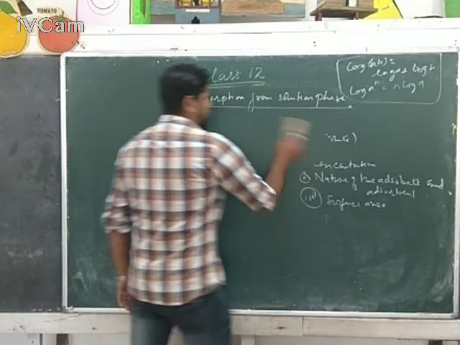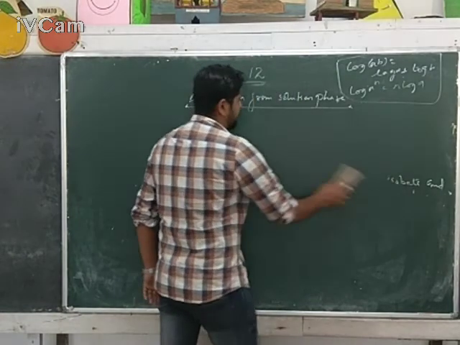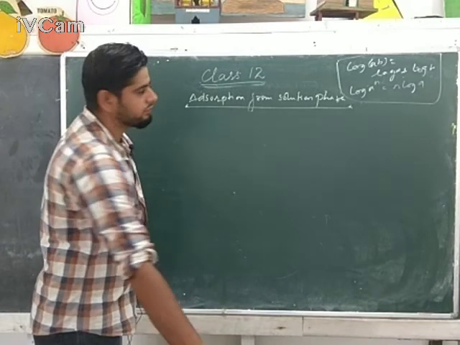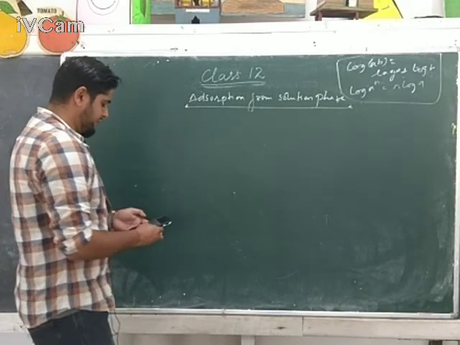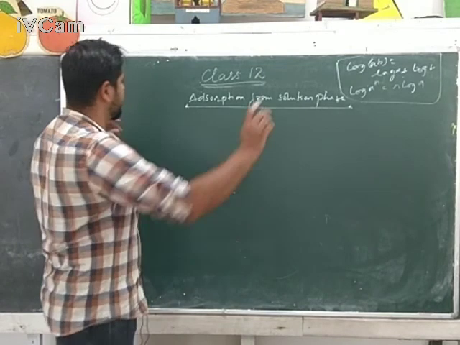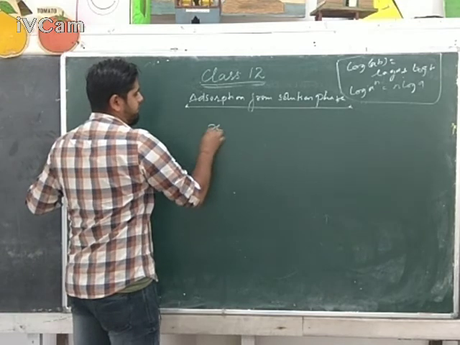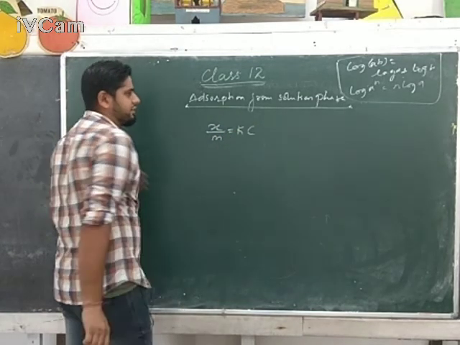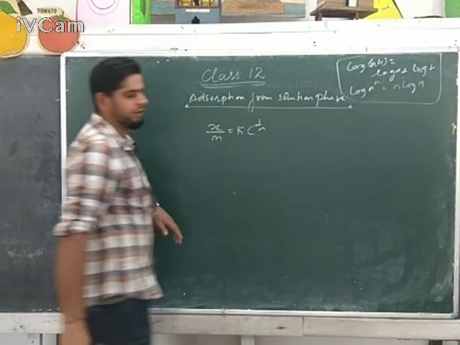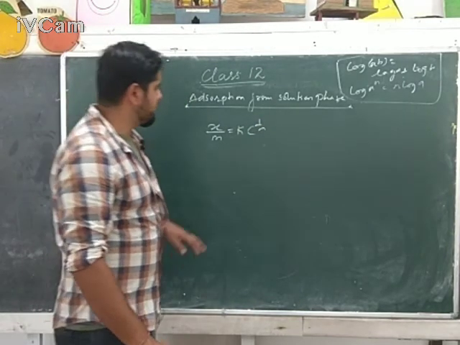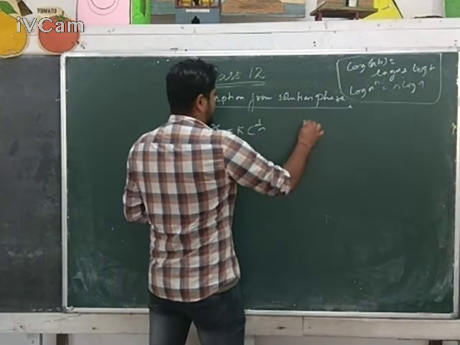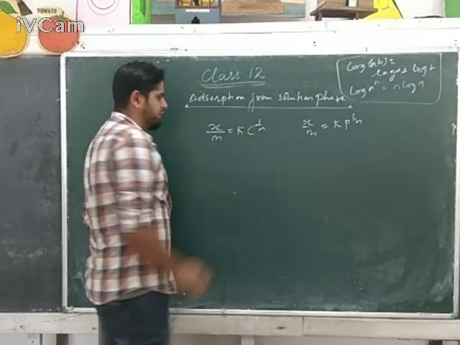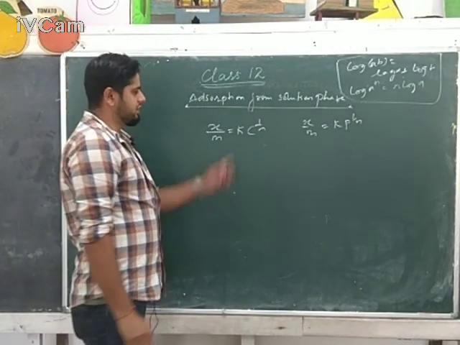Adsorption from solution phase is also explained by Freundlich, and likewise x by m is equal to K concentration to the power 1 by n. It is a very simple relationship. See, x by m is equal to Kp to the power 1 by n; here x by m equals Kc to the power 1 by n.